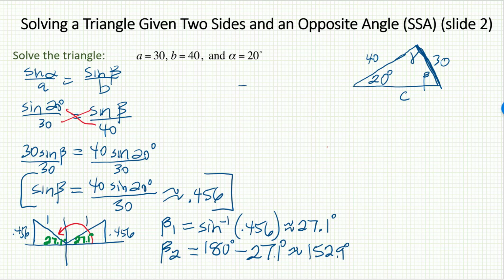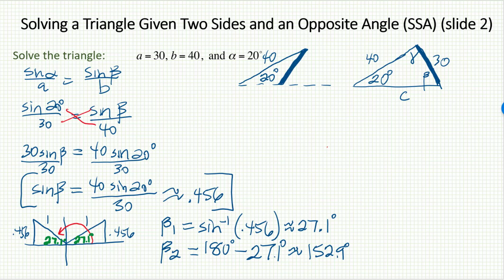Look back at the picture. I didn't really know how long I was supposed to make side C. I did know that this was a 20-degree angle, and I did know the 40, but when I drew on that 30 side, I drew it over here. And that created an acute angle for angle beta. You can see that it's less than 90 there. That must be the 27.1 degrees. But you see, I could have swung it around this direction instead.